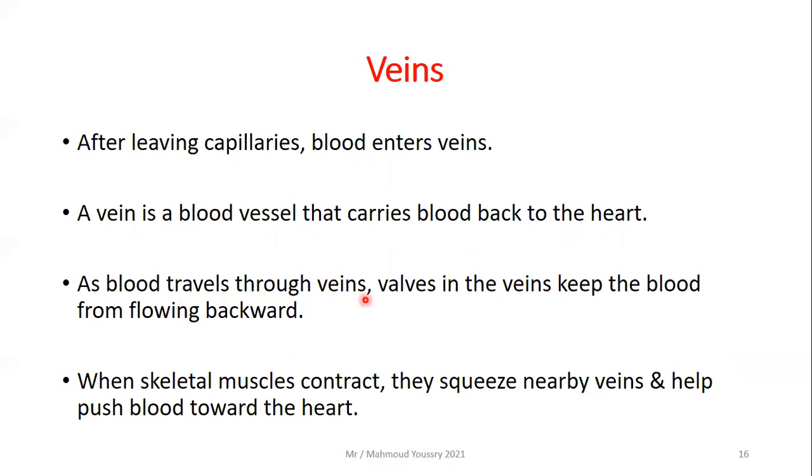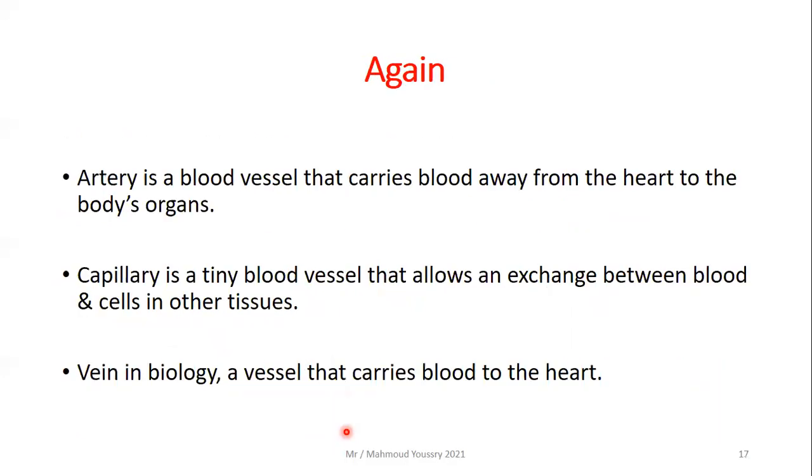As blood travels through veins, valves in the veins keep the blood from flowing backward. This is like the valves of the heart that prevent the blood from flowing in the opposite direction. When skeletal muscles contract, they squeeze the nearby veins and help push blood toward the heart.